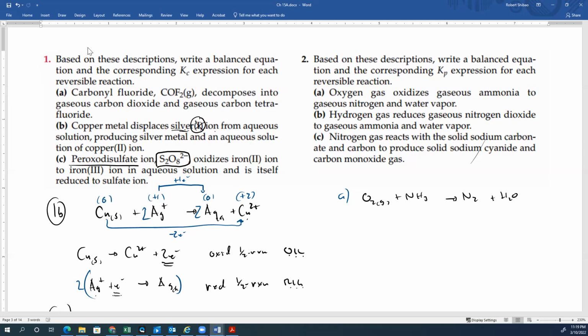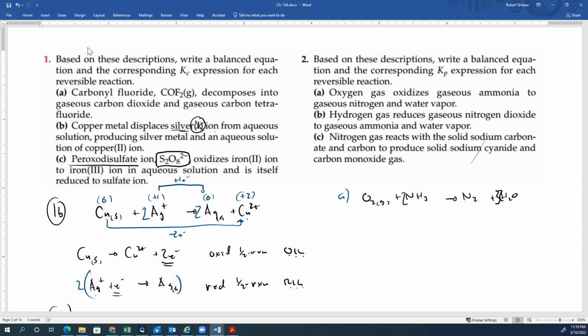So all we have to do is atom balance this. 2 oxygens means we need 2 waters, because 4 hydrogens. This is actually not going to work so easily, unfortunately. We'll leave the nitrogens. We're going to have at least 2 ammonias here, which gives us 2 nitrogens and 6 hydrogens, so we'll need 3 waters.